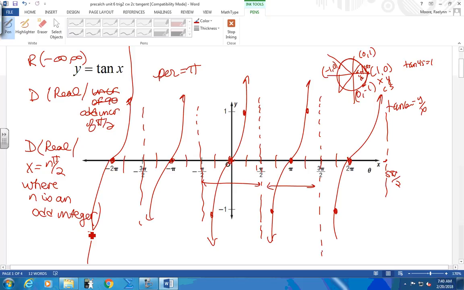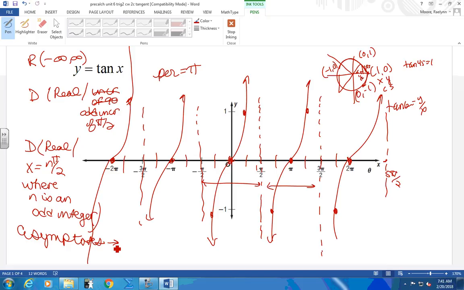And therefore, where are my asymptotes? If I ask you to describe your asymptotes based off of this, where are your asymptotes at? Use your exceptions in your domain. Your exceptions are your asymptotes.